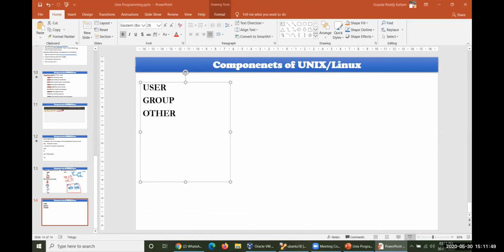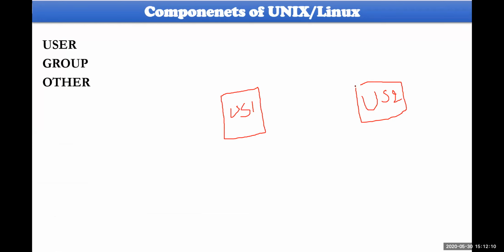Let me explain by taking this example. Let us consider one particular server which is available with us. This is Unix server 1, and let me consider this Unix server 2, or Linux server 2, whatever it may be.